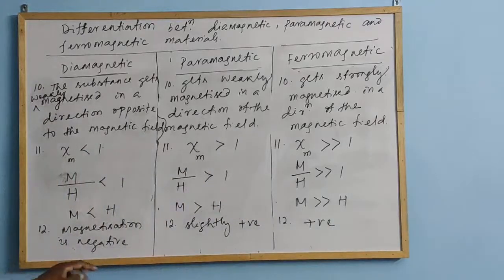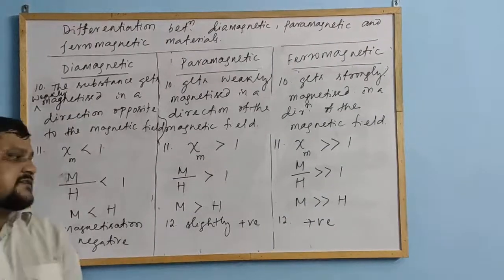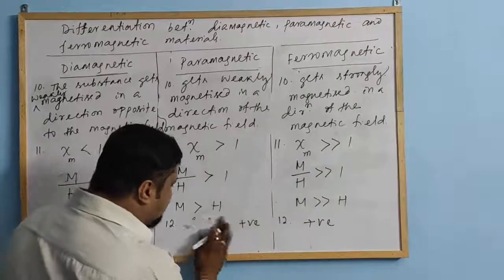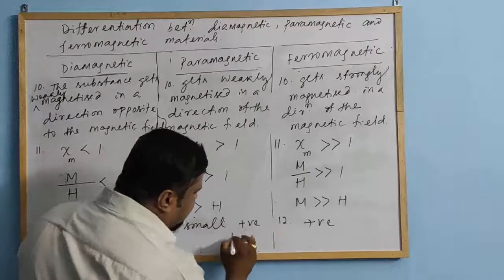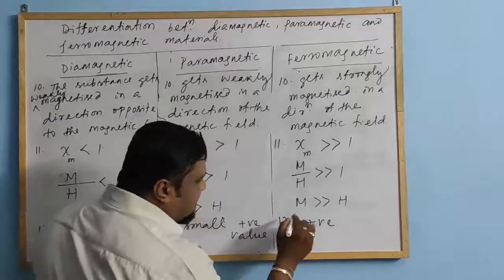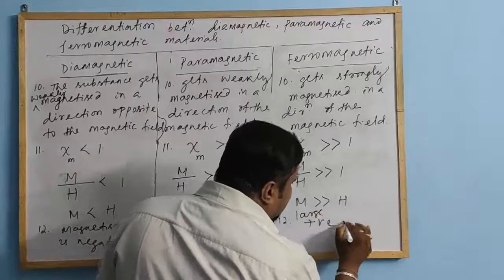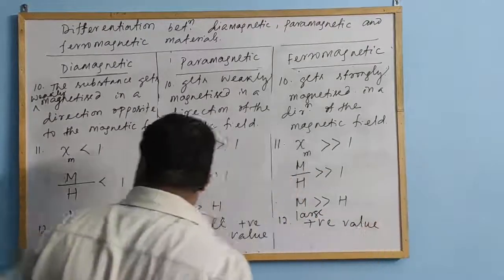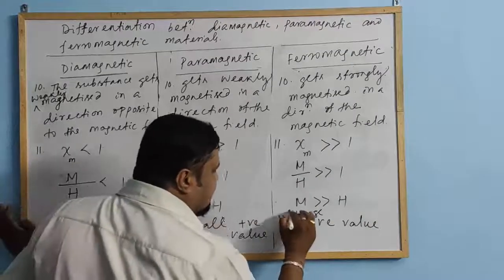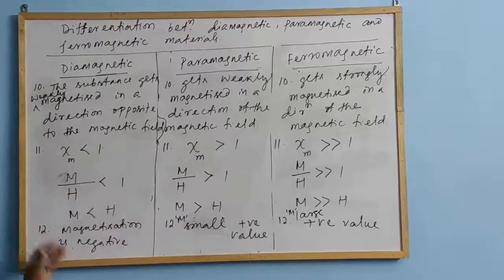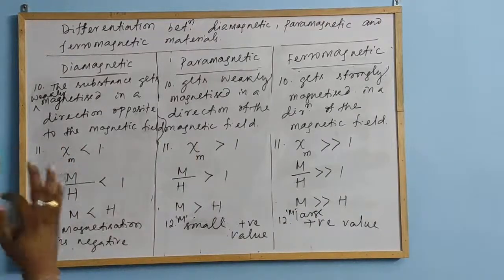So magnetization is negative here, and here you can write a small positive value, and here a large positive value. Which one? This magnetization M. Here M is a large positive value. Okay, so this is the differentiation between dia, para, and ferro.